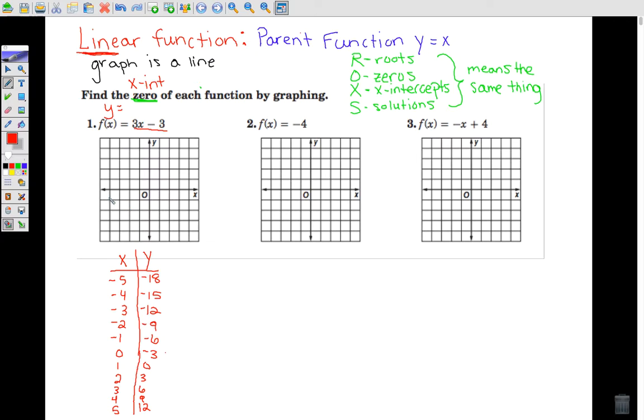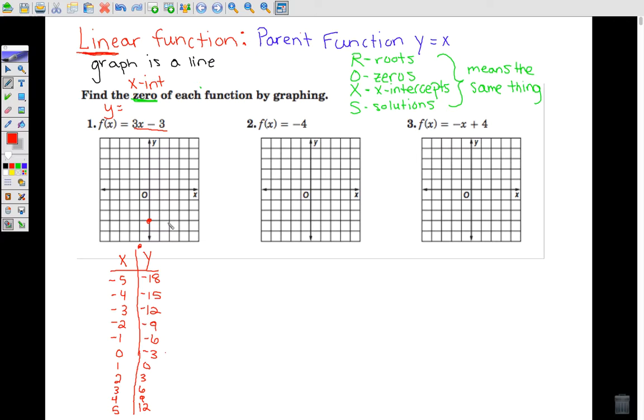Well, now we need to plot these points. We can't plot -5, -18, or -4, -15, or -3, -12, or -2, -9 on this graph. For -1, -6, it would be somewhere right down in here. 0, -3, so 1, 2, 3.